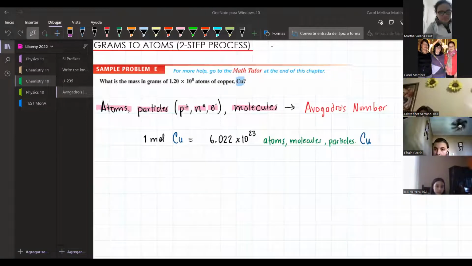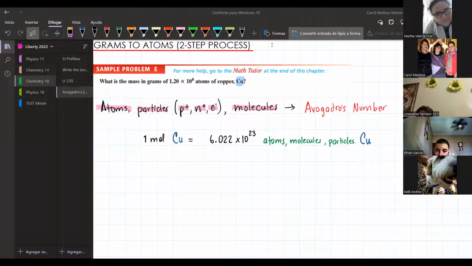Valeria? Miss, I don't understand one thing. Why you put 6.022? That is like a conversion factor, Valeria. Like, for example, when I wrote on the board that 1 kilometer is equal to 1,000 meters, that is a value that is known like a conversion factor.